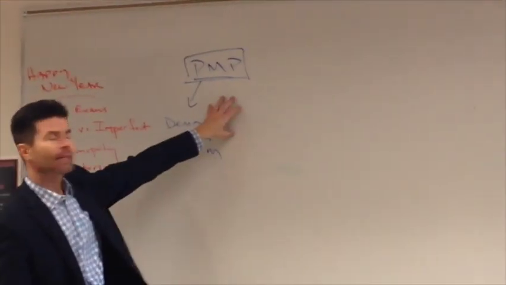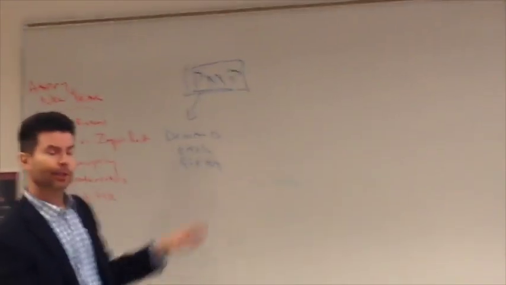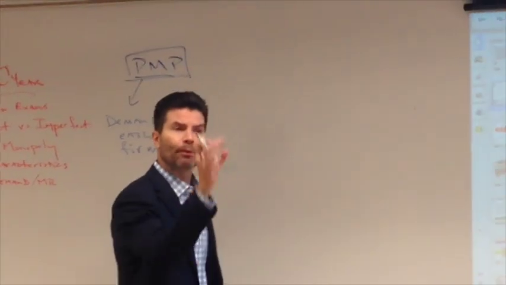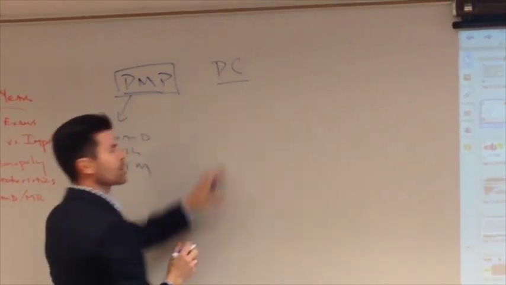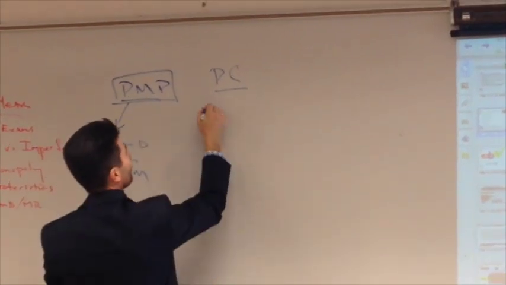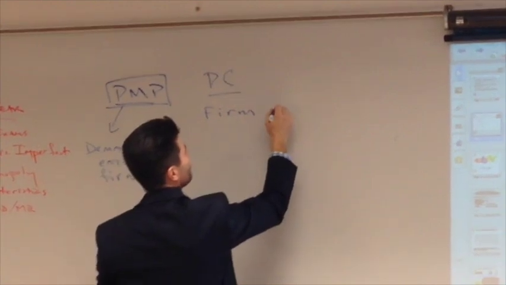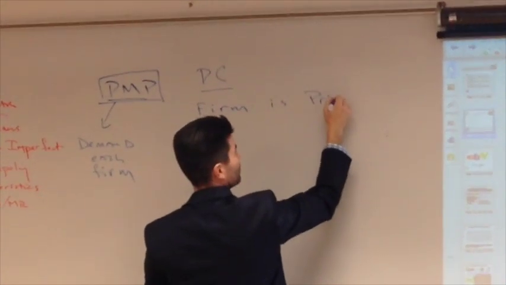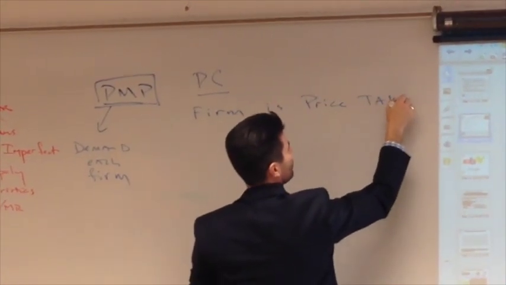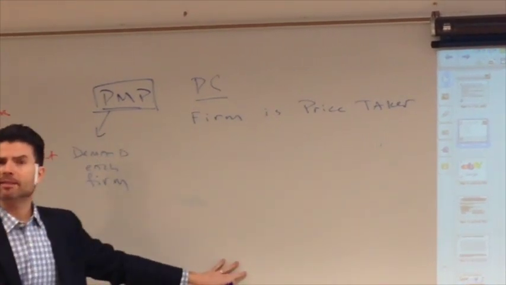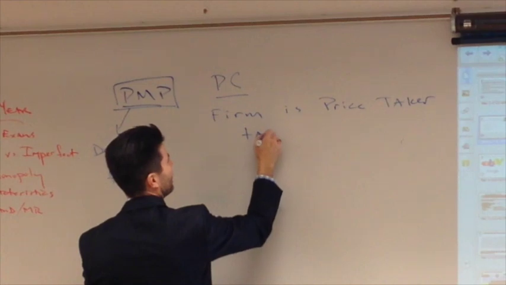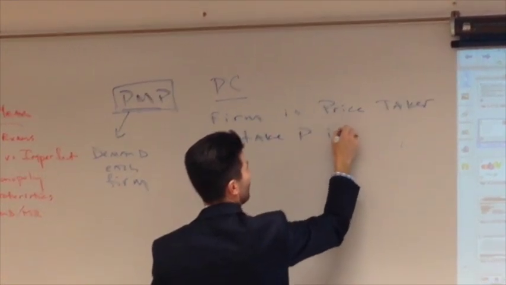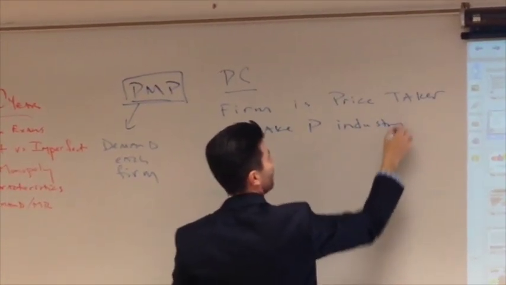Now, here's what this tells us about this. It's the demand for each firm. Now, if we break it down with perfect competition, we know that in perfect competition, each firm is a price taker. Right? Each firm is a price taker. Now, if they're a price taker, that means they take the price from the industry.